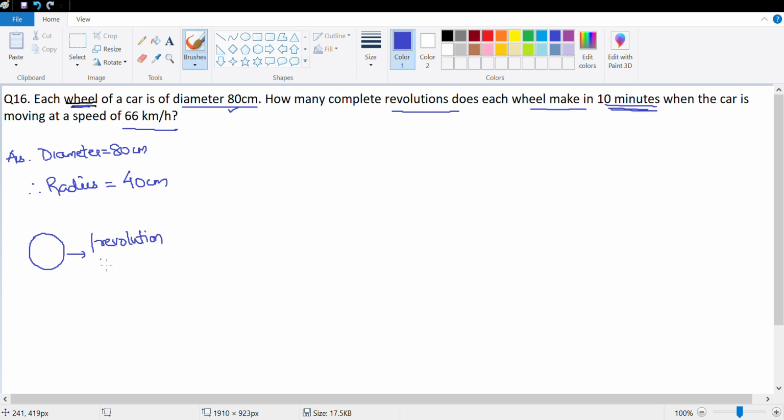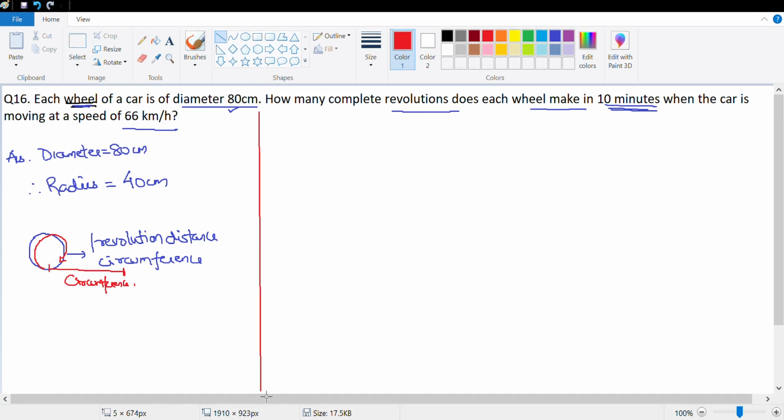If it moves one complete revolution, if it starts from this point and let's say it rolls in this direction and moves, it will move a length or distance which is equal to its circumference.